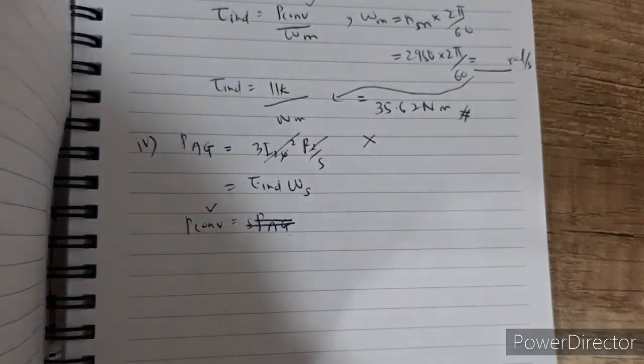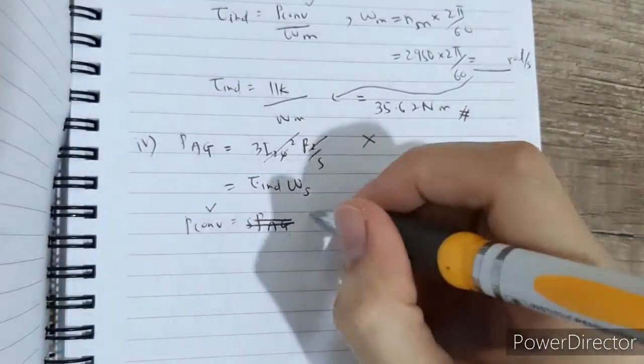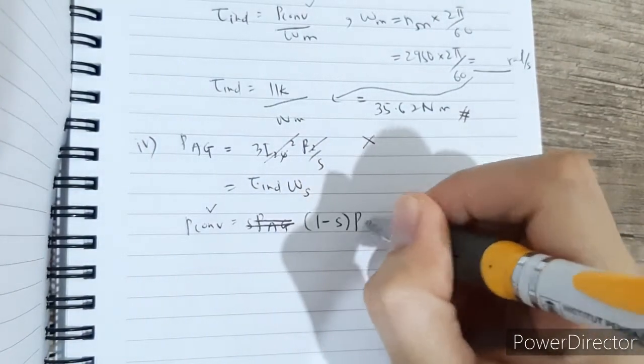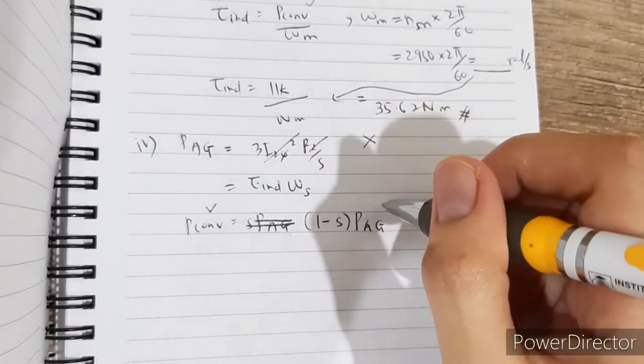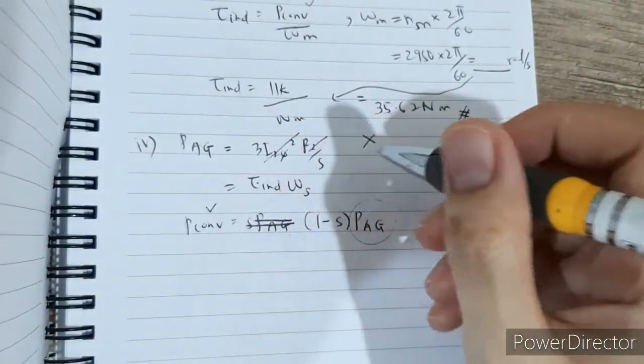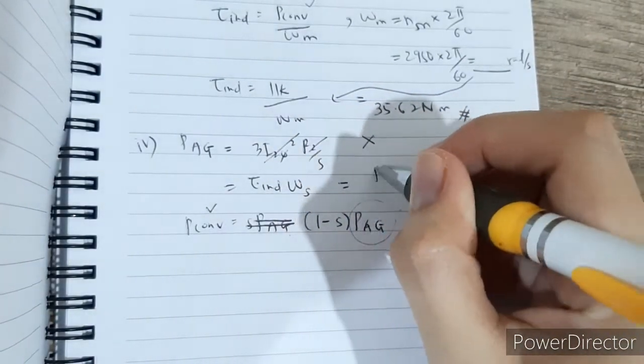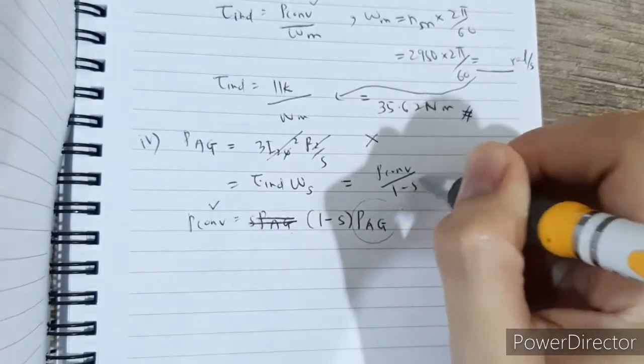That is for PRCL. P converted equals 1 minus S times P air gap. So P air gap also equals P converted over 1 minus S.